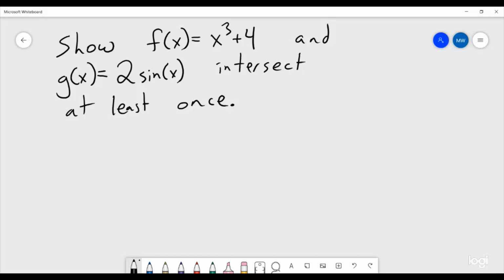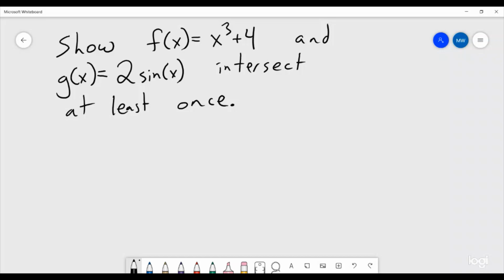How on earth does this connect to continuity? Like, sure, x cubed plus 4, that's continuous. Sine of 2x, that's continuous. But how on earth can I use that to show that they intersect?